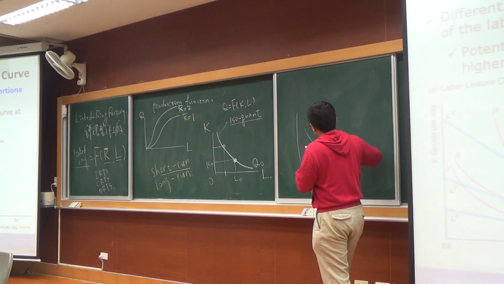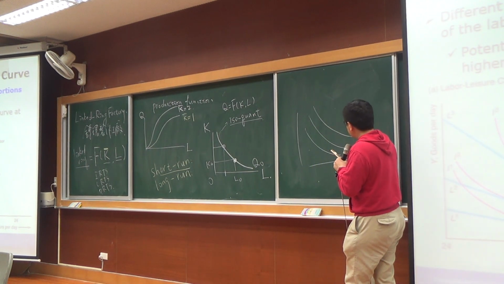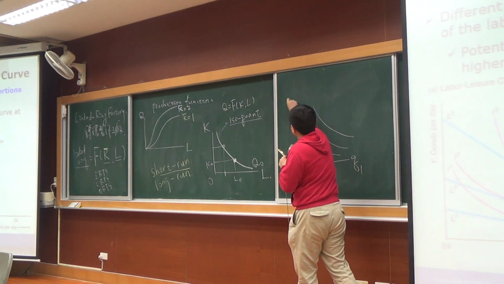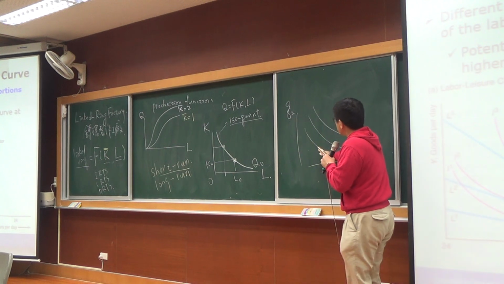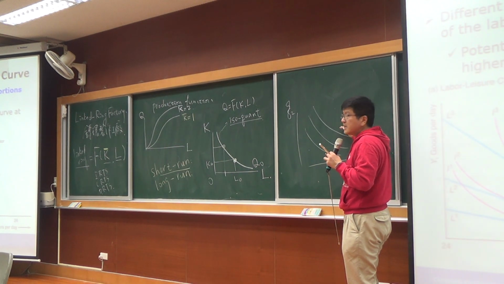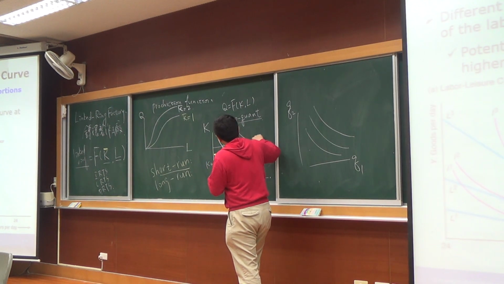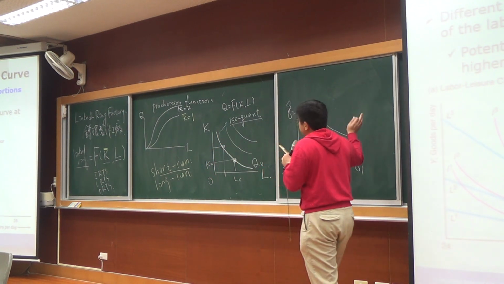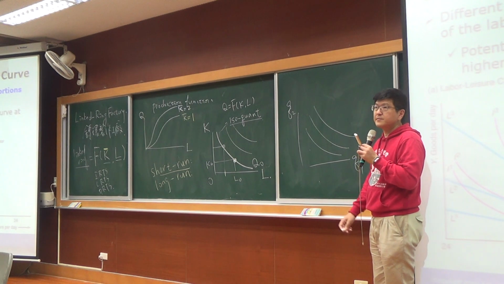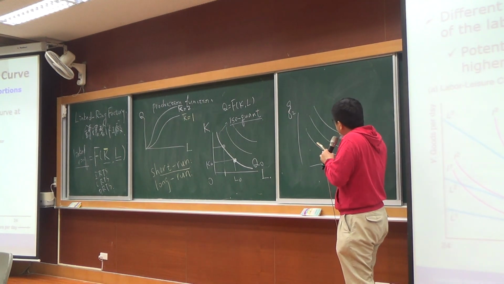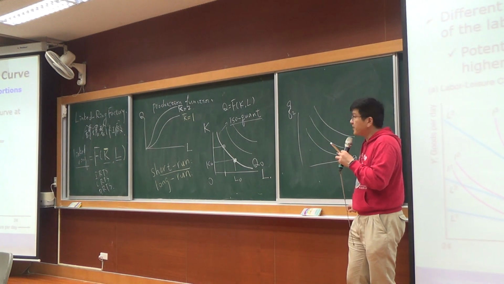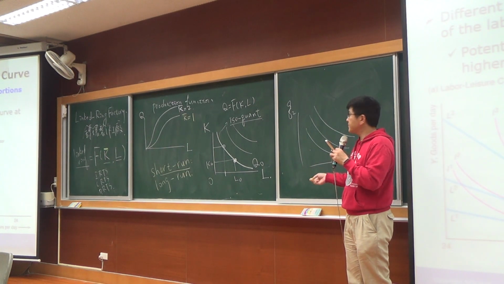I introduced indifference curves to you. If this is Q1, Q2, so indifference curve, okay? But now it's labor and capital, and we may also have similar curves as indifference curves. How do we define an indifference curve?